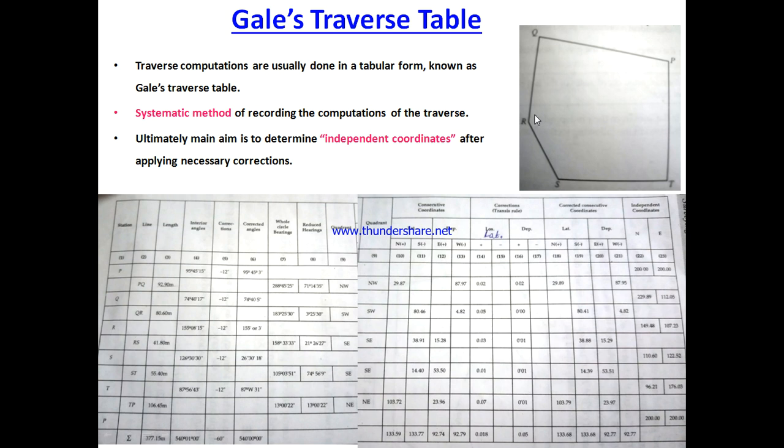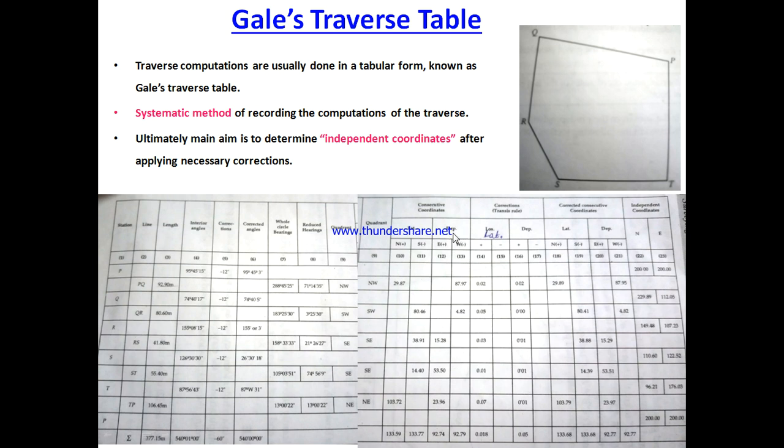In the similar manner, on the basis of the quadrant in which these traverse lines are lying, we need to carefully observe the quadrants, then carefully determine the values of latitude and departure, and correctly put these values in different columns, depending on whether it should be considered positive, that is northing, or negative, that is southing, in the case of latitude, while easting is taken as positive and westing as negative for departure.